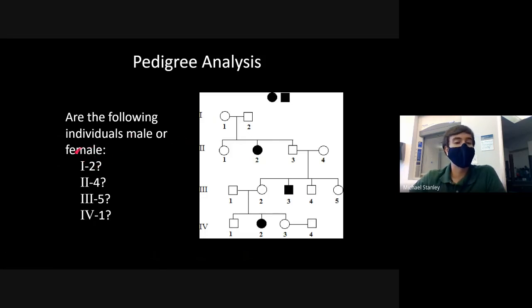So for example, individual 1-2 is this guy up here. 2-4 is right here. 3-5, generation 3, person 5. And 4-1, generation 4, person 1. So it's an easy way of pointing out exactly which person you are talking about.